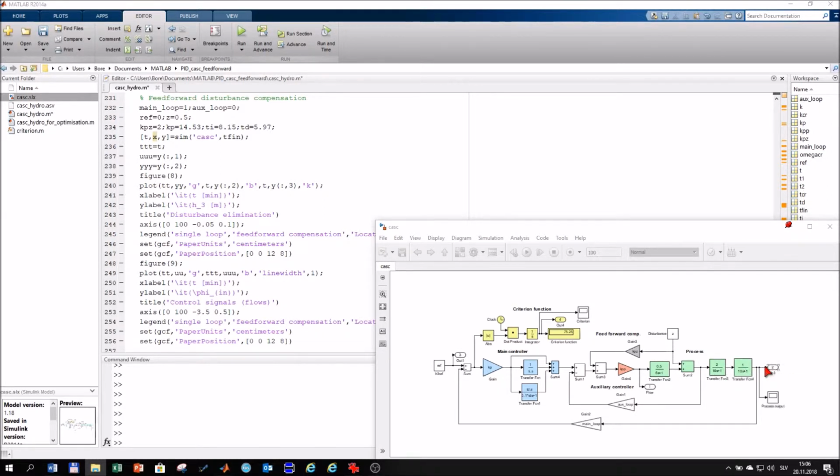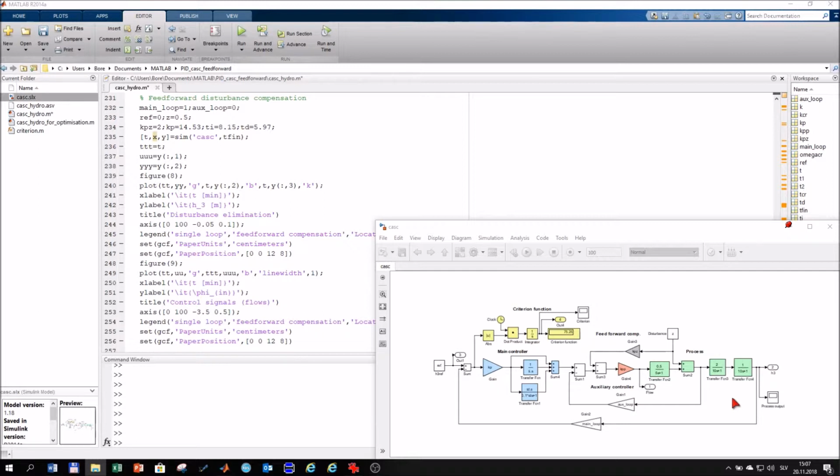And of course, this information comes to the main controller, and this controller reacts to compensate this disturbance through this path as much as possible. But due to time constants, due to big delay, mainly in the process transfer functions, this reaction is rather slow.